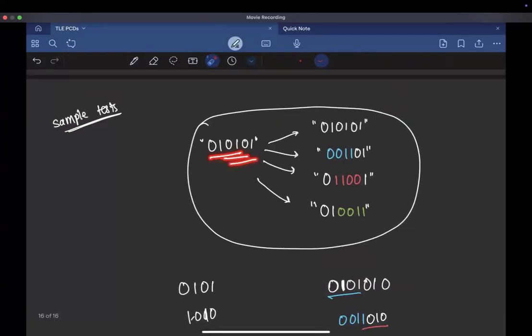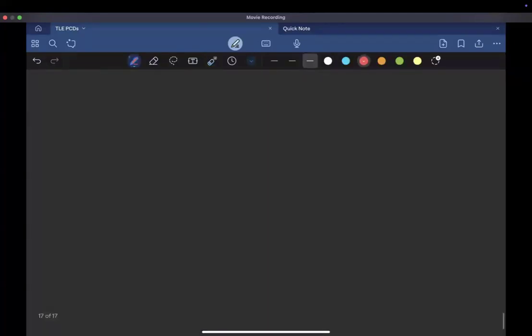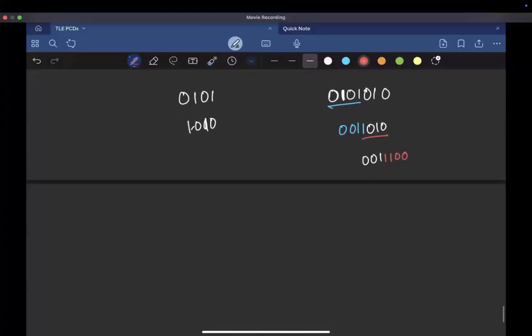Earlier you were having three possible substrings here on which you could apply the operation. But if you apply operation on one of these, then the neighboring people will not have any possibility anymore.